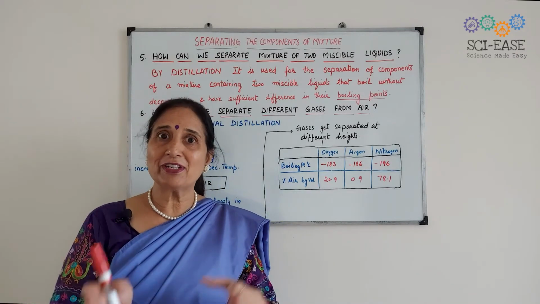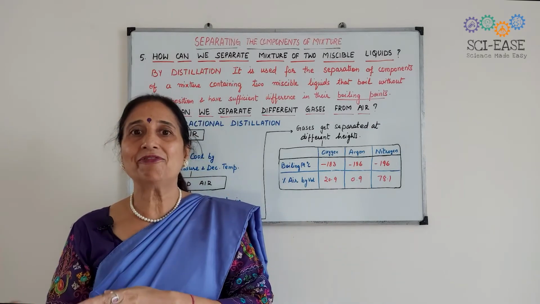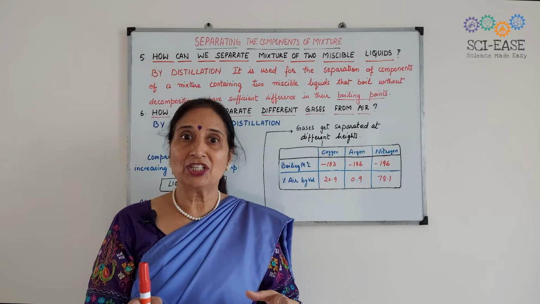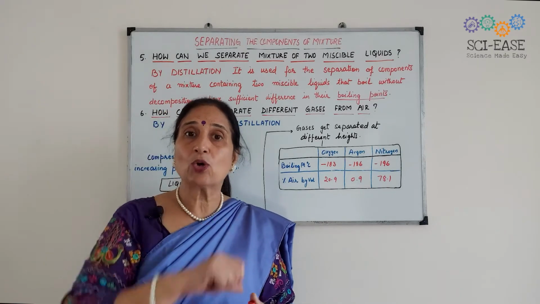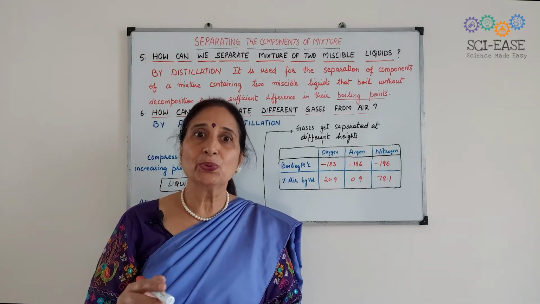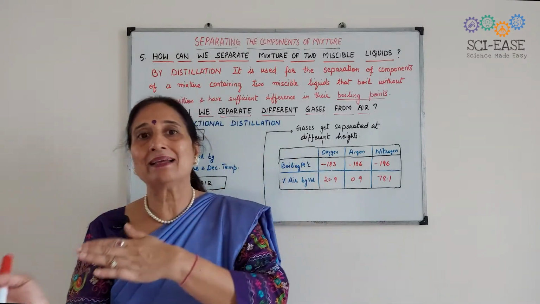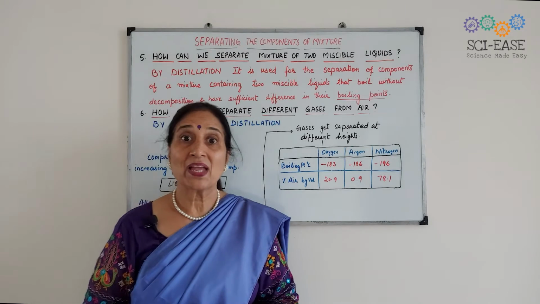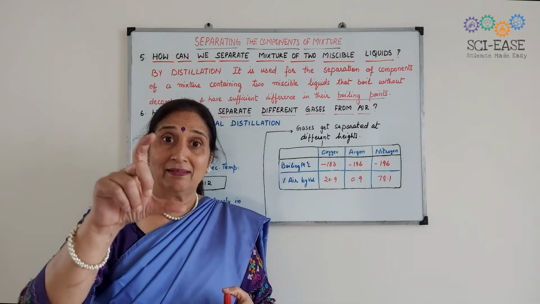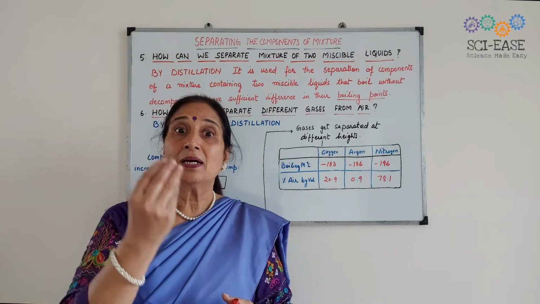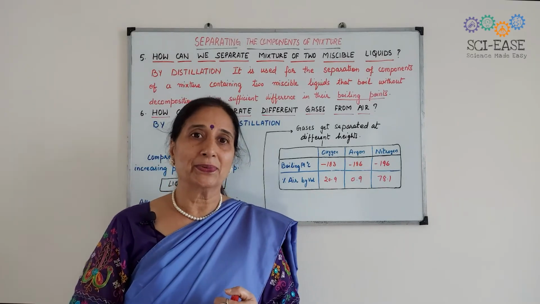So what is the difference between the distillation and the fractional distillation method? In fractional distillation, a fractionating column is used between the distillation flask and the condenser. In this fractionating column, glass beads are used.